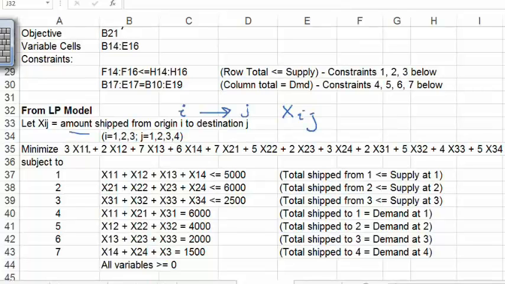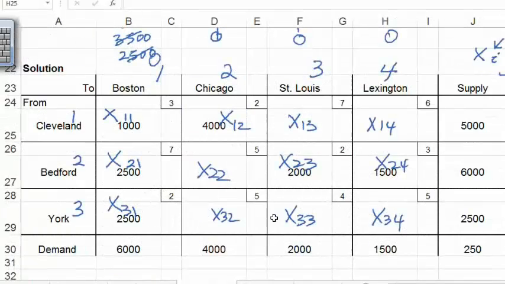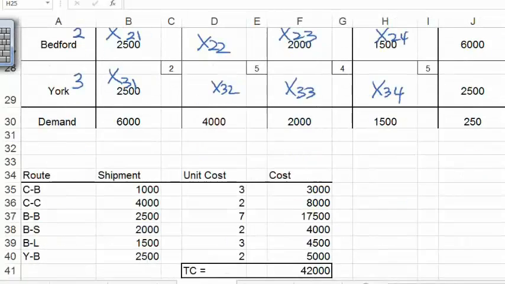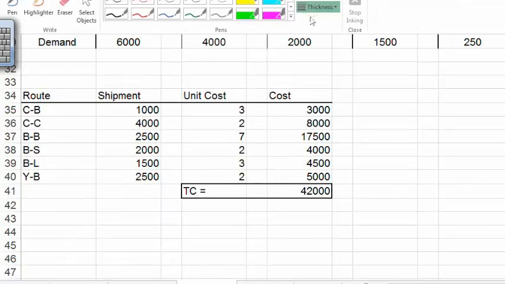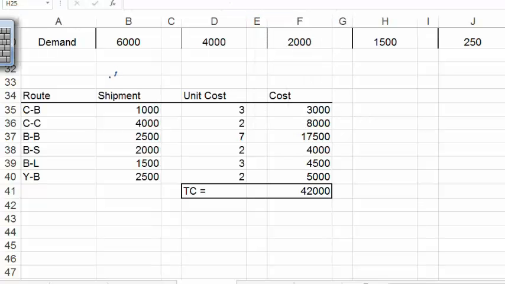And the objective is we want to minimize the total cost. How do we get the total cost? We have to go to the shipment, and so that's your xij variables. And then here you have the unit cost. So you got to multiply the unit cost by the variable, and then you add them all up.